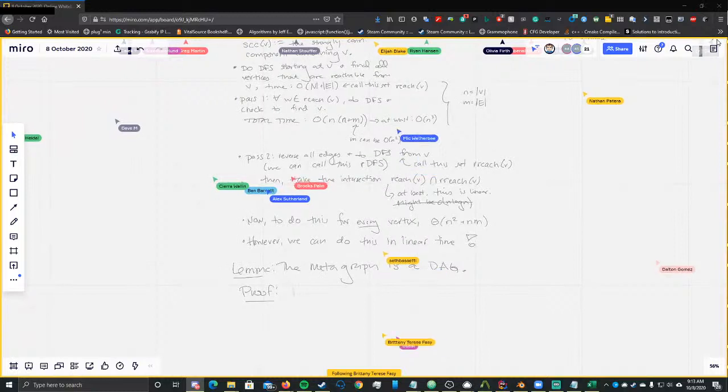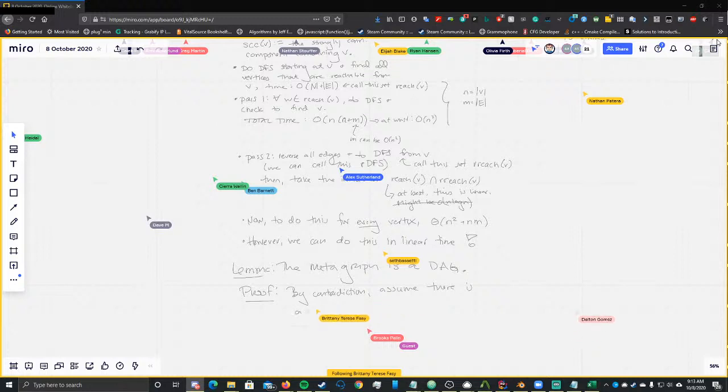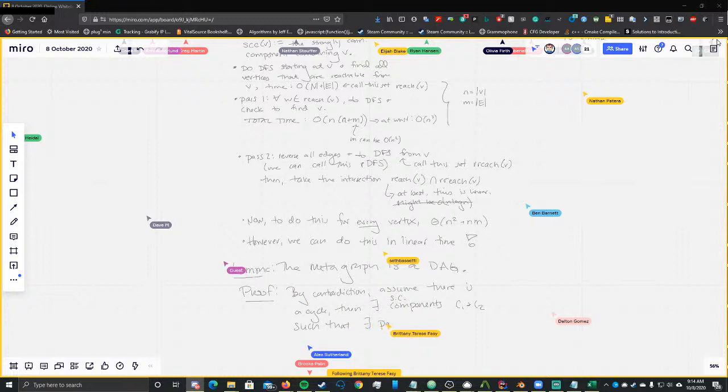Yeah, so the proof goes by contradiction. Assume there is a cycle, then let's say there exist strongly connected components C1 and C2 such that there exists a path from C1 to C2 and from C2 to C1, right?